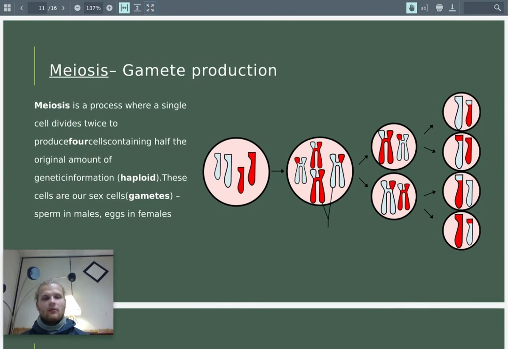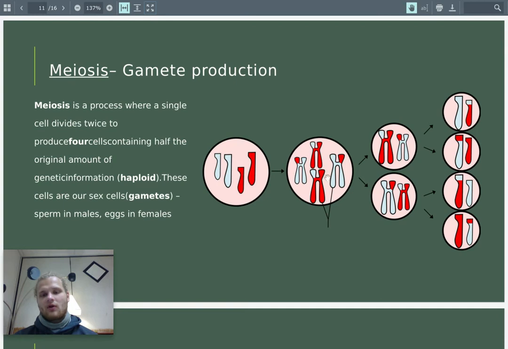When we talk about sexual reproduction, you cannot talk about it without meiosis. Meiosis is how we create the egg and the sperm cells. Meiosis is how we make our sex cells, and we're basically going to make them by breaking up parts of the DNA that we got from our mom and our dad.